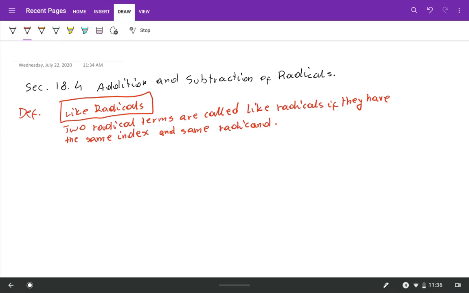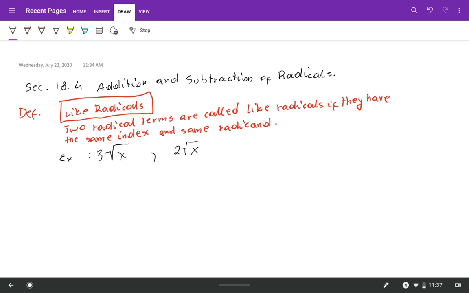Like radicals: two radical terms are called like radicals if they have the same index and the same radicand. An example of like radicals would be 3 square root of x and, let's say, 2 square root of x.